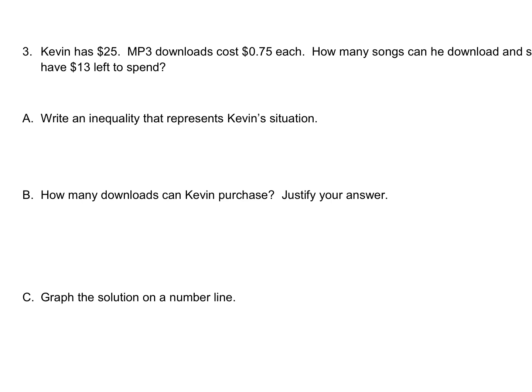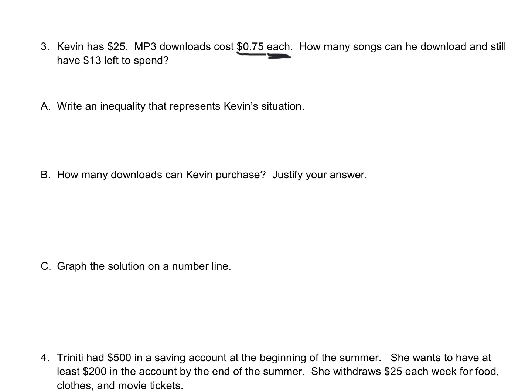MP3 downloads cost 75 cents each. And I don't know if this is a real thing anymore, but if it says 75 cents each, that means one is 75 cents, two is $1.50, three is $2.25, and so on. How many songs can he download?